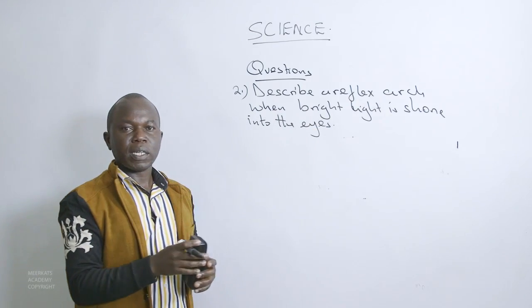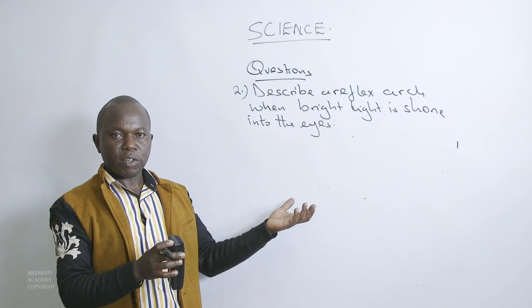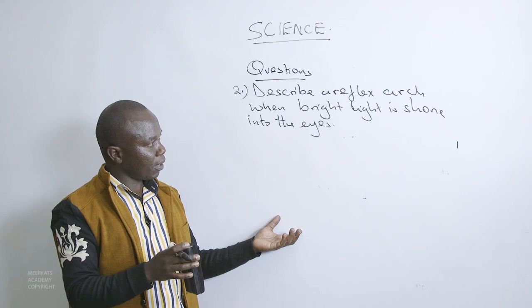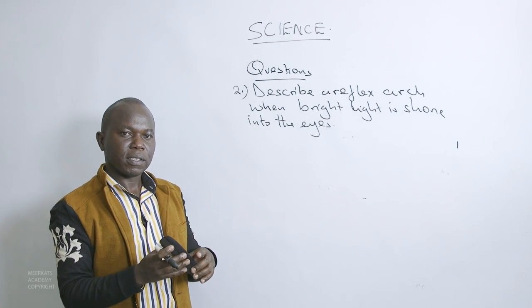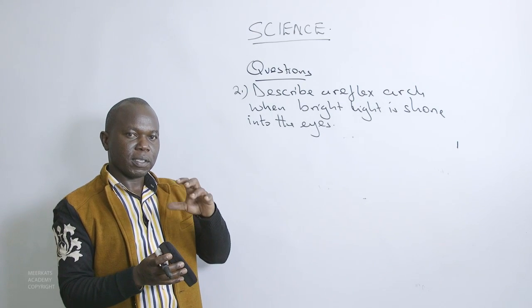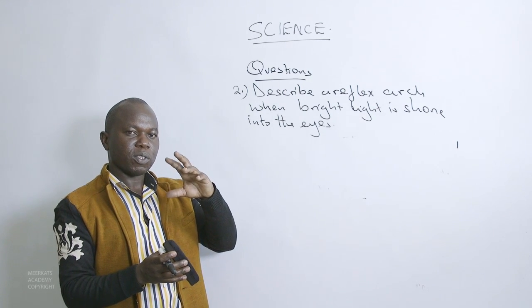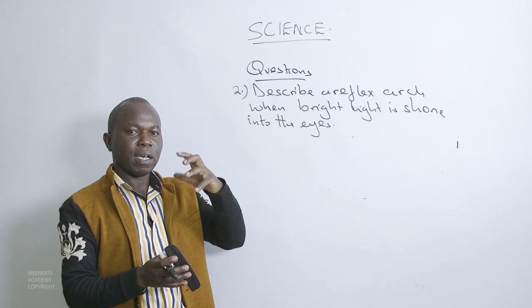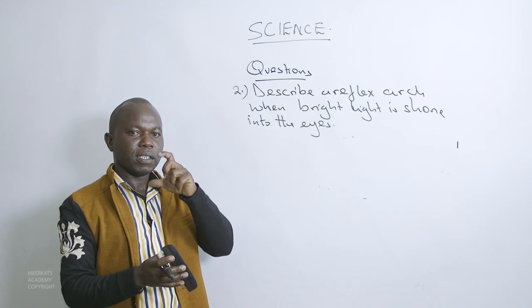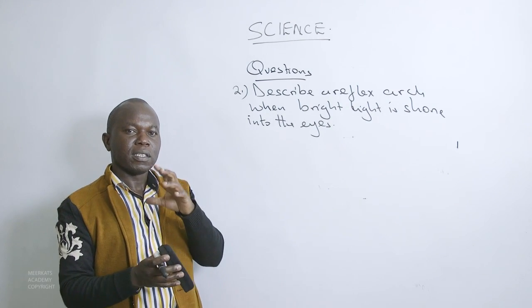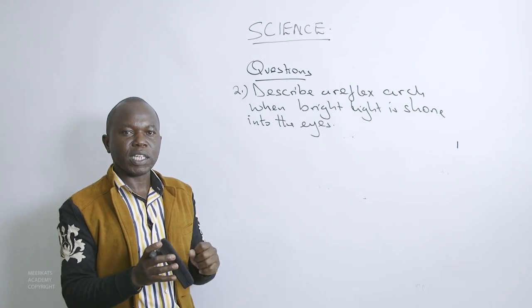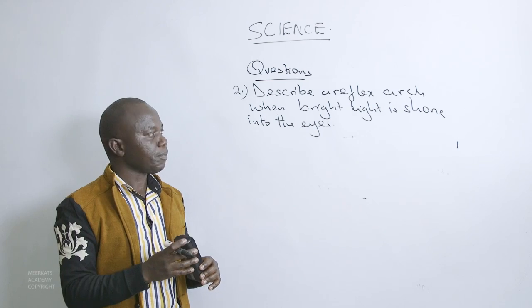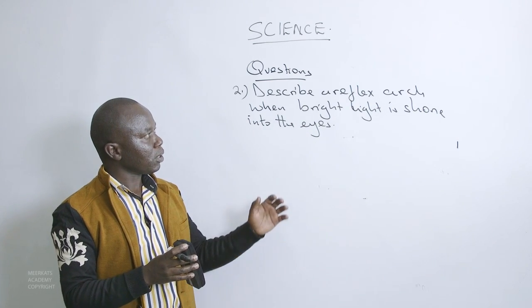So this question, you can illustrate it using your friend. If a very bright light is shown into your eyes, somebody will first blink, and then if you look at the pupil, it will have reduced in size. There'll be some form of mechanism to reduce the size of the pupil. So this is what we want to describe.